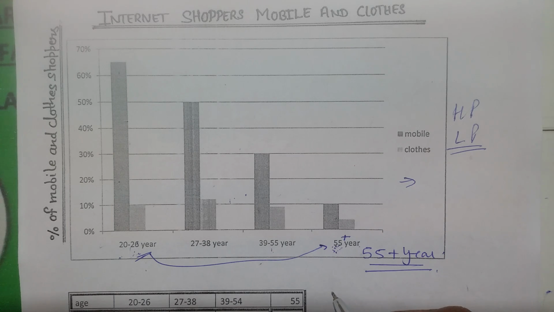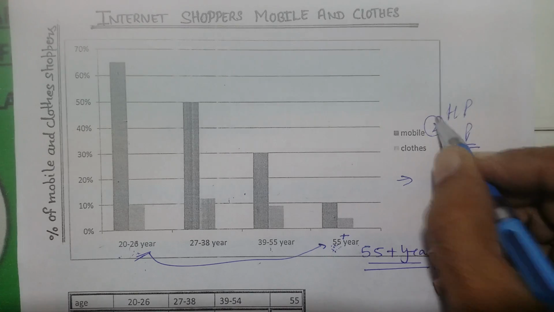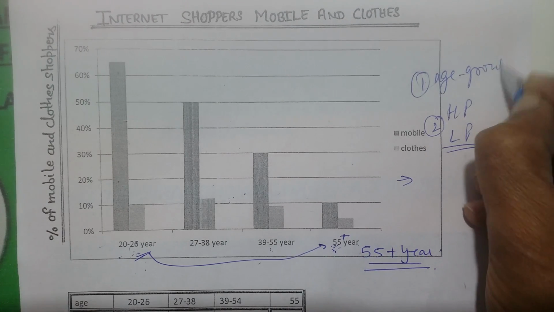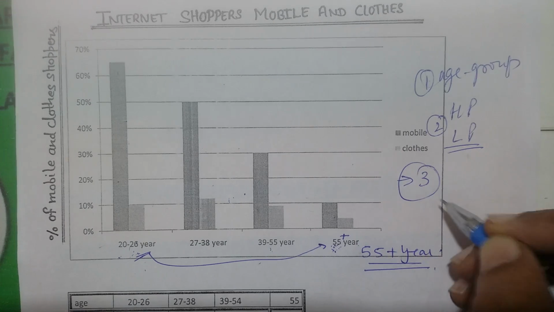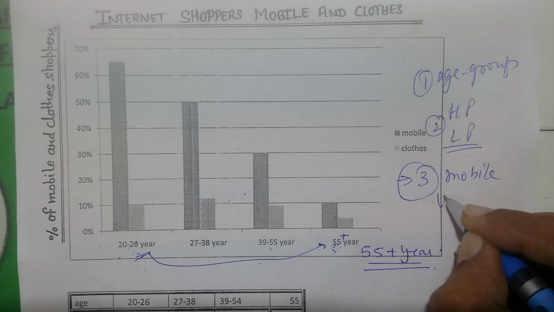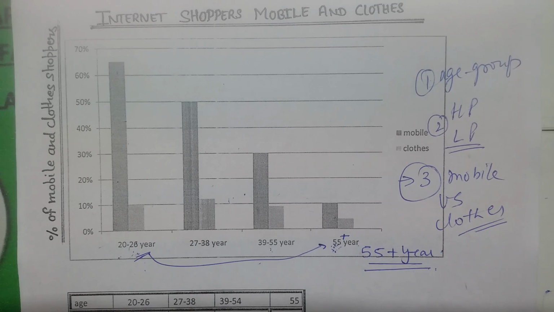And another thing which is important here is first, second, highest point, lowest point, first according to the age group. Third, we have to work according to mobile versus clothes. So this is maybe the third line in writing, fine.